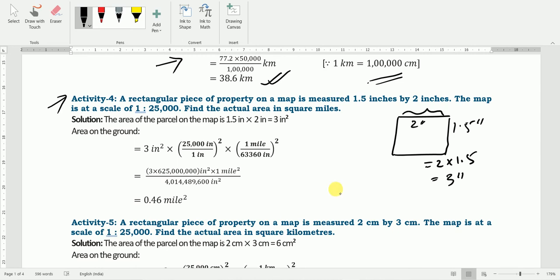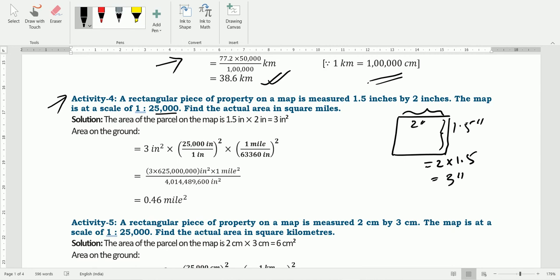The length is 2 inches and the width is 1.5 inches. And here the map scale is 1 is to 25,000. Find the actual area in square miles.